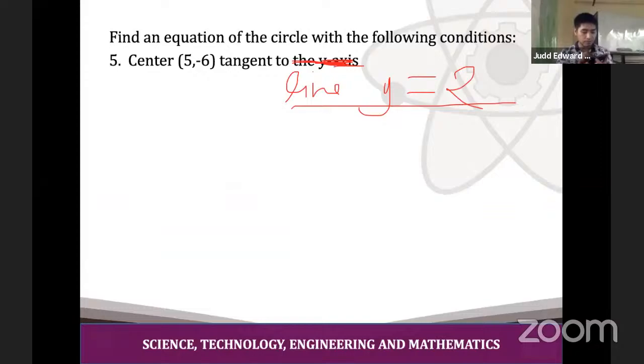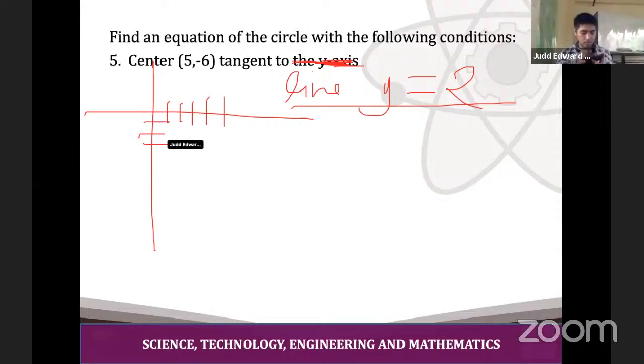Okay, all we have to do first is to plot the points of the center. So sabi sa atin, yung center daw natin is naka 5, negative 6. Okay, so this is the center. That is (5, -6). And then, it is now tangent daw to the line y = 2.